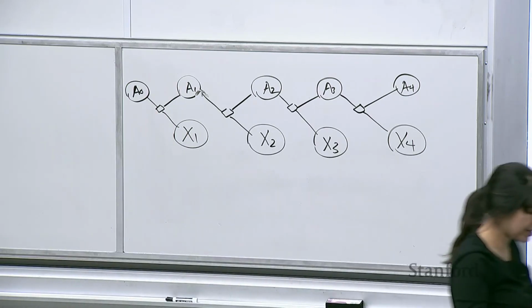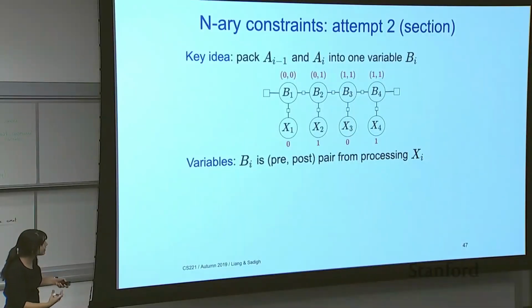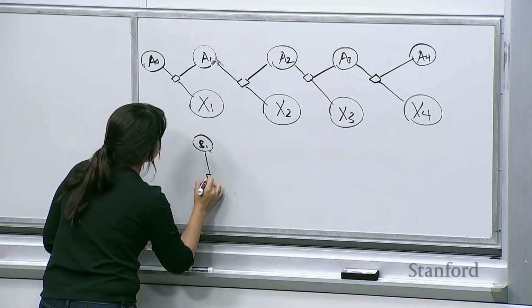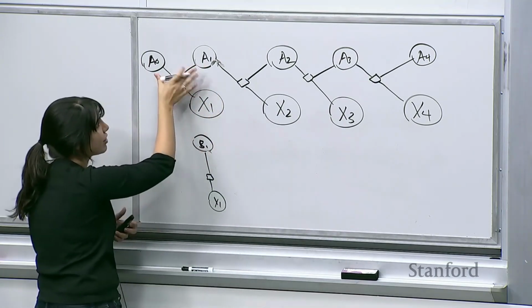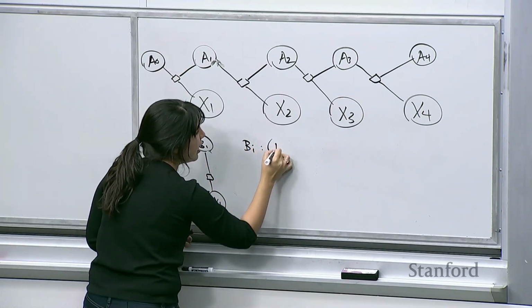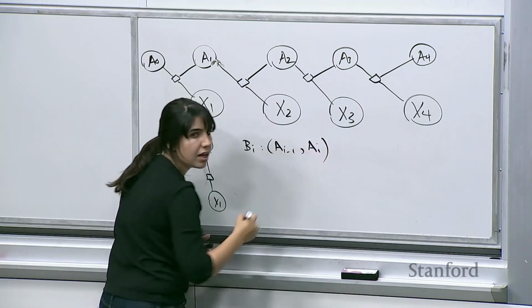So we need to do one more step. After we define these auxiliary variables, we need to define a new variable b, which represents A_i and A_{i-1}. So I'm going to replace these two with just one variable. I'm going to call it b1. And I'm going to connect that to x1. I'm not going to draw it, but you get the idea. So the b_i's are just going to be representing A_{i-1} and A_i.